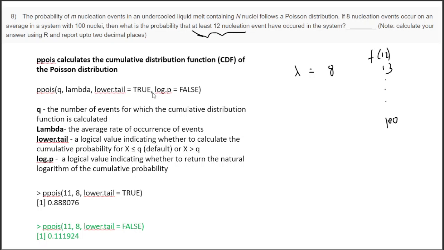So now we have learned how to use this. Since they have told at least 11, sorry, at least 12, what we can do is calculate above 11.